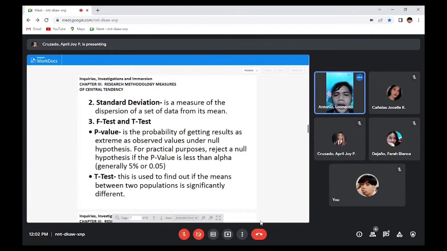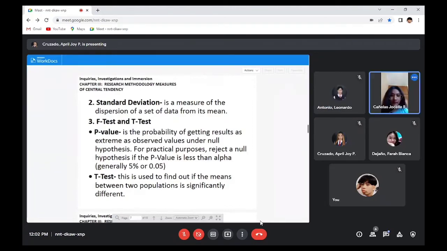To get the formula of standard deviation: population standard deviation is equal to the square root of the summation of each value from the population minus the population mean, squared, over the size of the population. That is the formula for standard deviation. Next reporter, and next slide please.